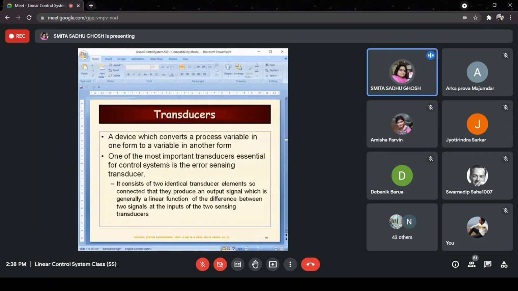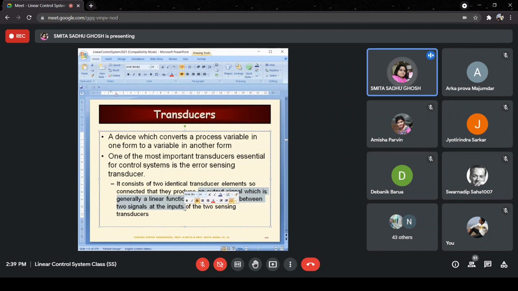Because we don't have a diagram, I'll repeat what is being said over here. There are two inputs to the transducer, and the transducer does the job of comparing those two inputs and generating an output which is proportional to the difference between the two signals. So it generates an output which is a linear function of the difference of the two signals at the inputs. That is what a transducing element, acting as an error sensor, is supposed to do.